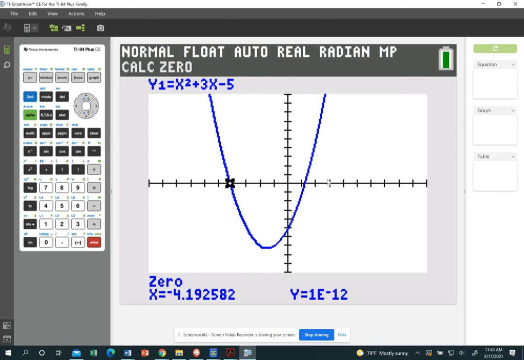You need to learn how to use your graphing calculator. I told you, for your AP exam, you must know how to use your graphing calculator. It's a must. The graphing calculator is part of your AP exam.